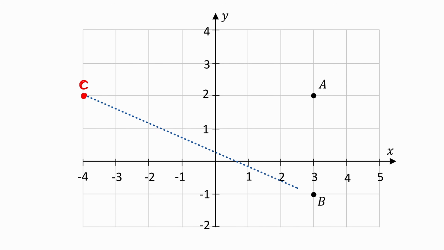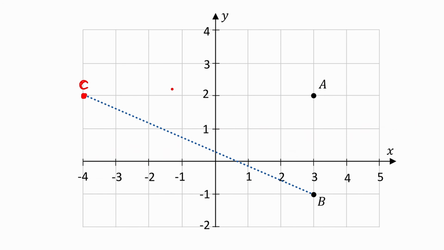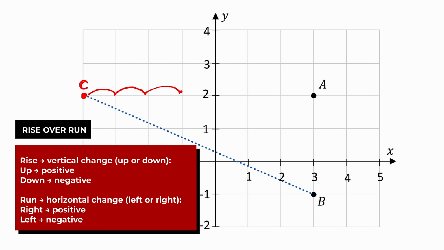So we have the line between point C and point B. And as you know, to work out the slope of 2 points, we can use the formula of run and rise. The run from point C, we have 1, 2, 3, 4, 5, 6, 7. So the run here is 7.